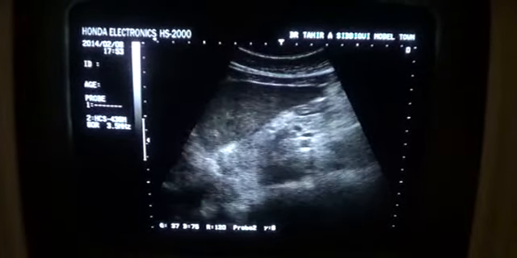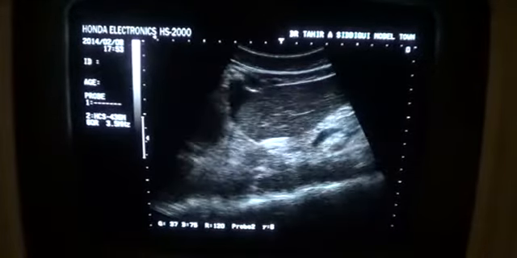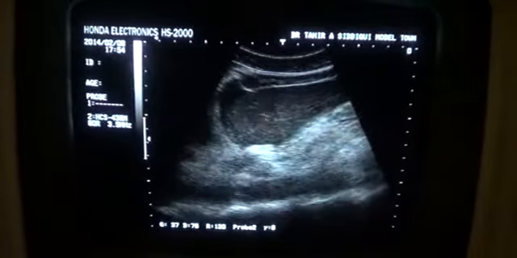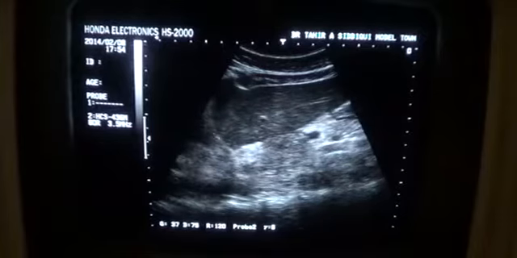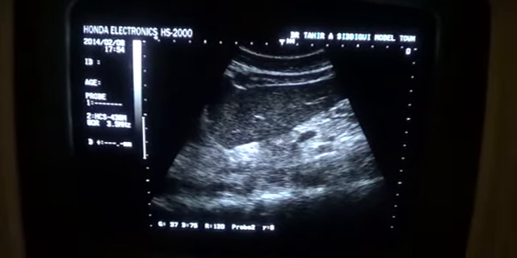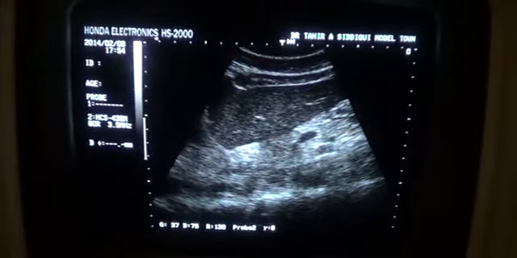Let me show you another important structure. So as I may be right in correlating the pathology, this is the head of the pancreas. This is the head of the pancreas.